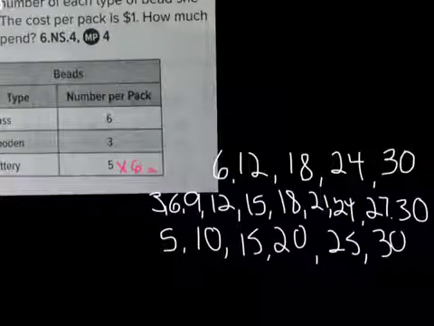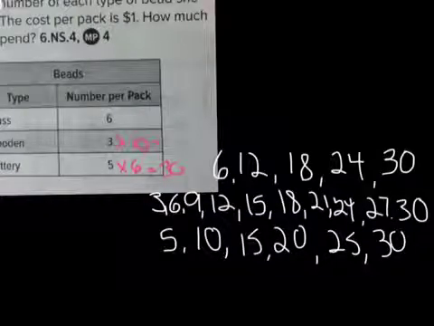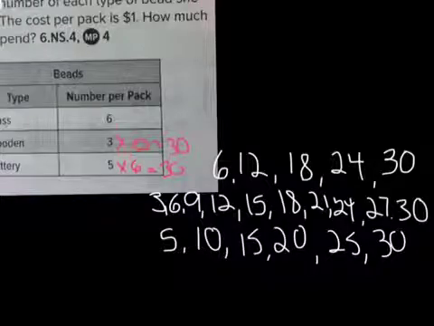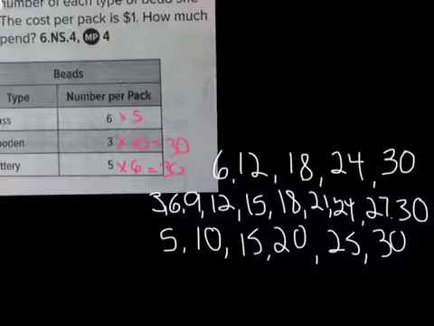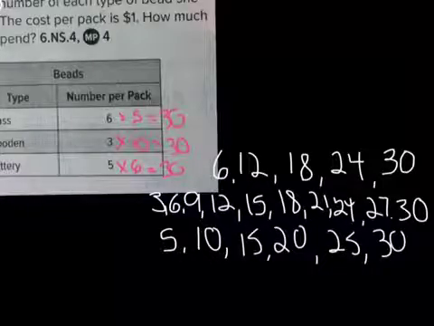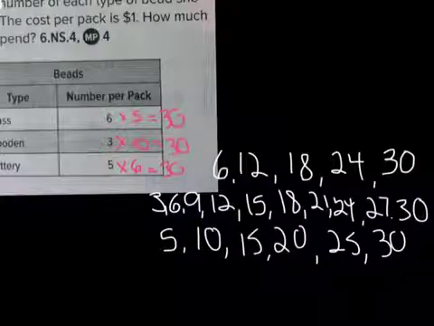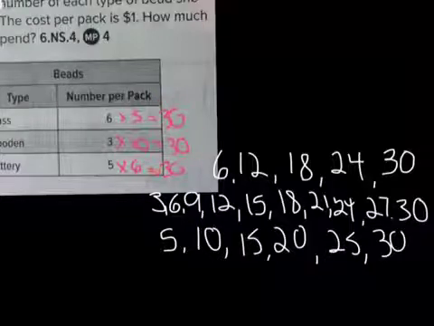You get your 30 beads right there. 3 times 10 is 30, so you would need to buy 10 of the packs of 3. And 6 times 5 is also 30. So you have to buy 5 of packs of 6, 10 of the packs of 3, and 6 of the packs of 5, so that you have equal amounts.